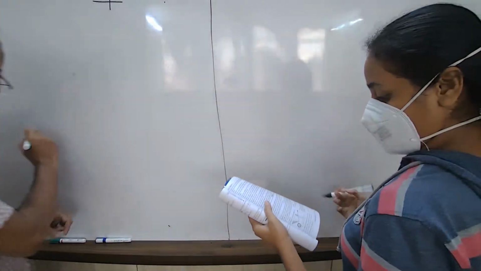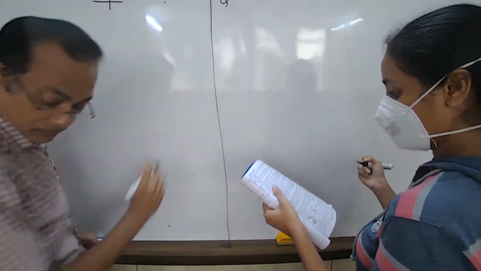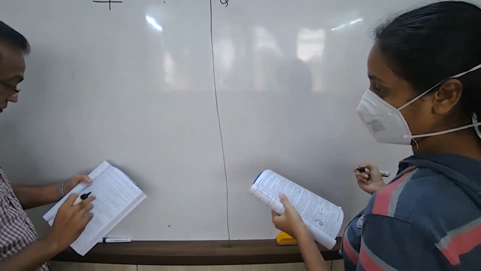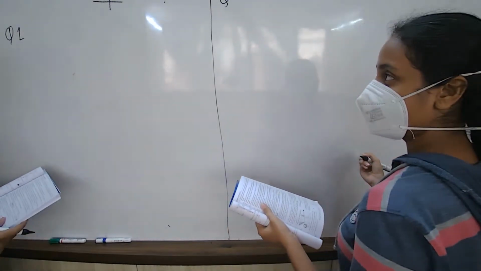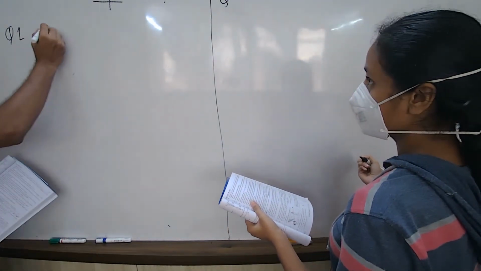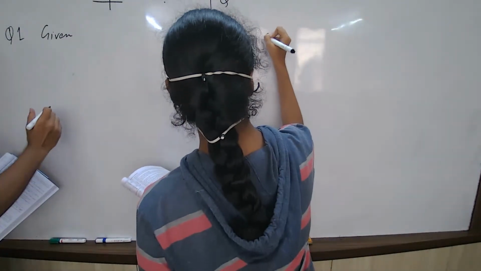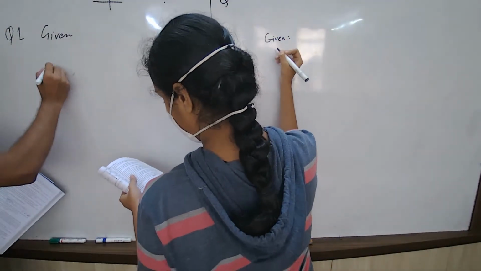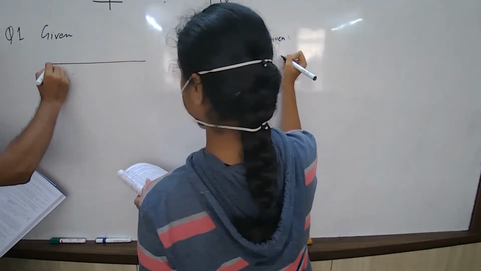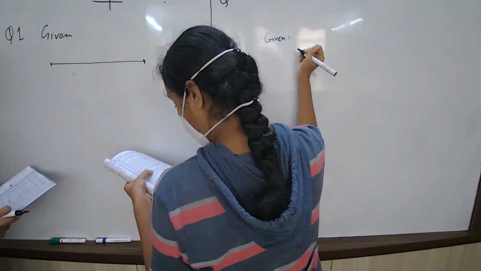This part I will use to explain. Write down question 1. In your area, question 1. What is given? Write down. You do yours, I will do mine.